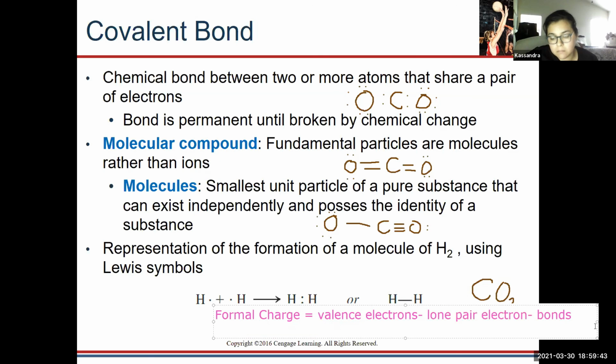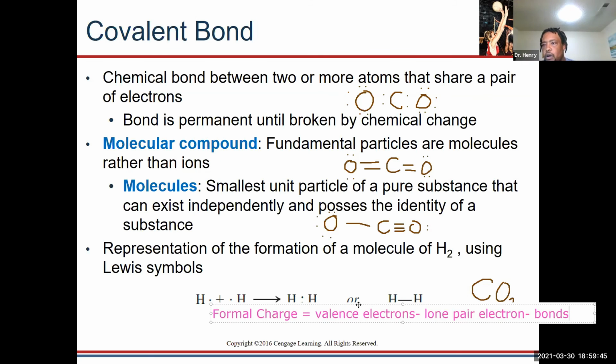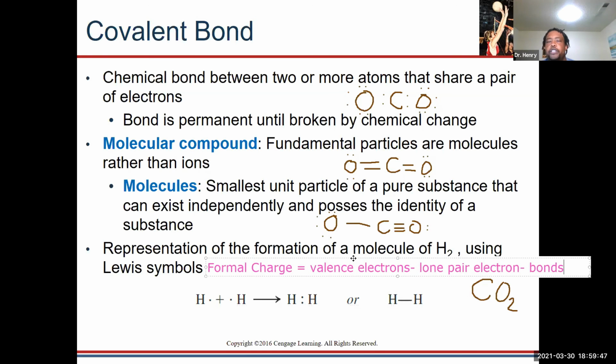We want the formal charge to be as close to 0 as we can possibly get it. Ideally, we want it to be 0 for each of the different atoms.